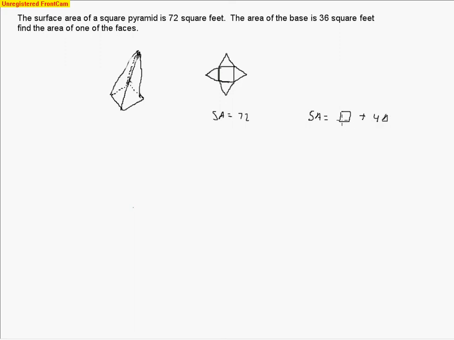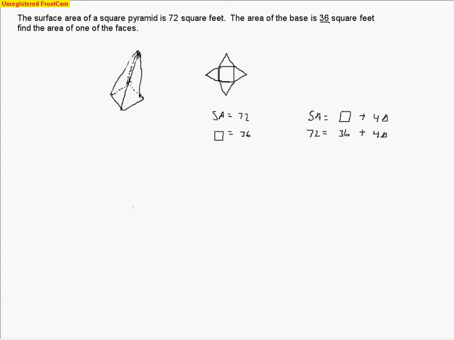So we know the surface area is 72, so let's write that in place of the surface area. We know the area of the square, they said that was 36, so let's put that in place of the area of the square. We don't know the area of the triangles, but we know there's 4 of them.